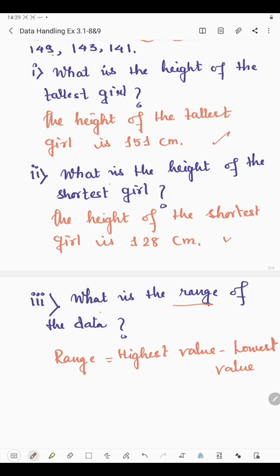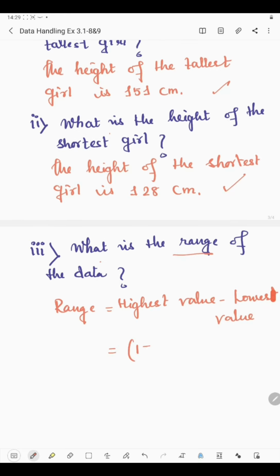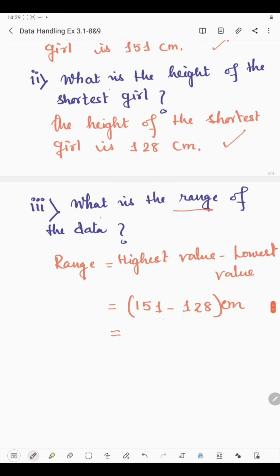So we'll just find the difference of these two to get the range. So it's 151 minus 128 cm. 11 minus 8 is 3, 5 minus 2 is 3... so it's 23 centimeters.